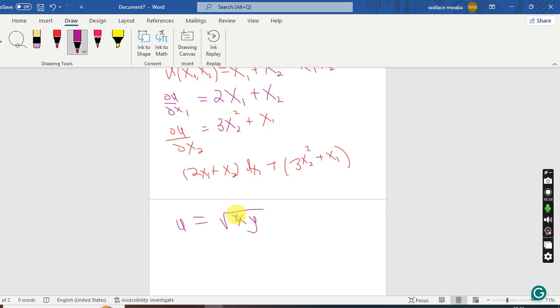Remember, whenever you have these roots, to get rid of them, it's the same as saying it's to the power half.